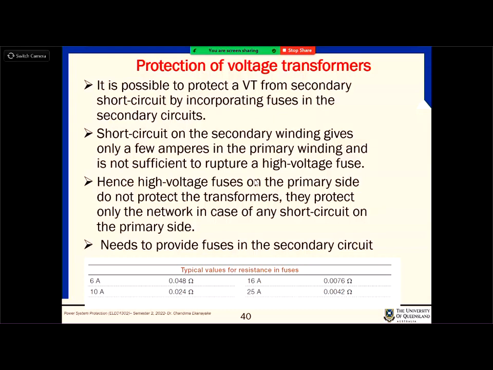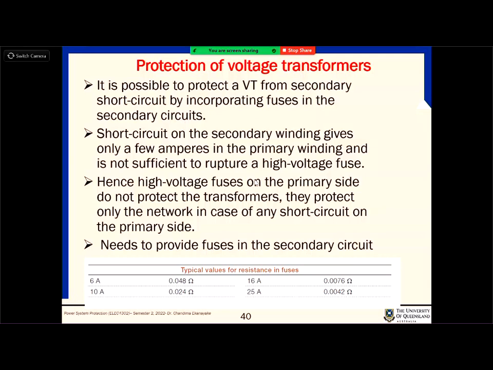If you short circuit the secondary side, what happens to the primary? I'm not talking about the primary of the transformer, I'm talking about the whole system. Can you detect it in the primary side? Ideally, yes, right? If there is no connection in secondary, can you detect it in the primary circuit?